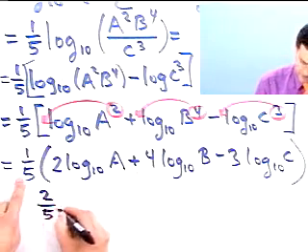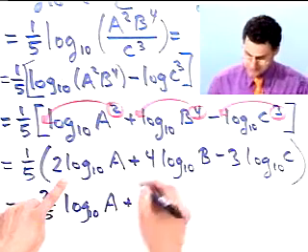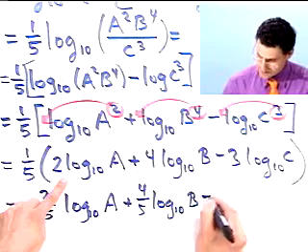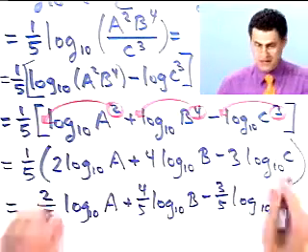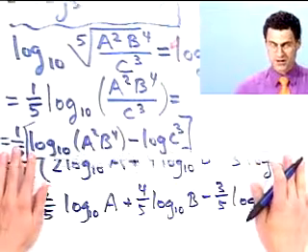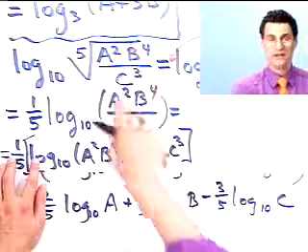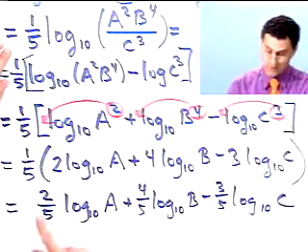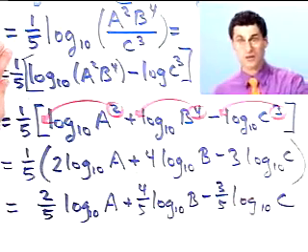So I have 2/5 log base 10 of a, plus 4/5 log base 10 of b, minus 3/5 log base 10 of c. You'll remember the original question was log base 10 of the 5th root of all that stuff. And I was able to rewrite that into this very tidy form. Well, not tidy, but it's very simple. It's just log terms that I'm adding or subtracting together with coefficients.